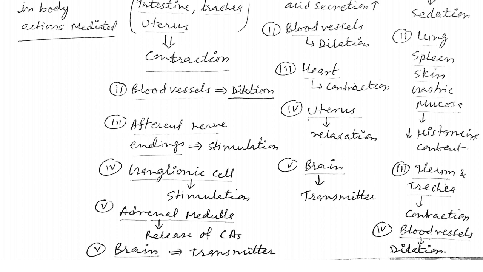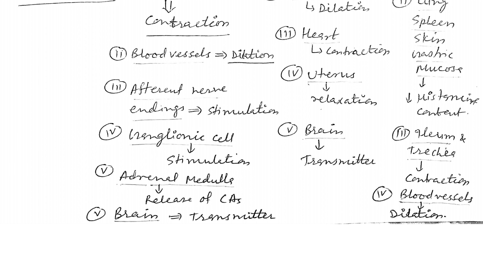Similarly, histamine may also be released from the mast cells of the nervous tissue, and these histamines can bind with the H1 receptors present over the nerve ending and stimulate the nerve endings for transmission of impulses, similar to acetylcholine.